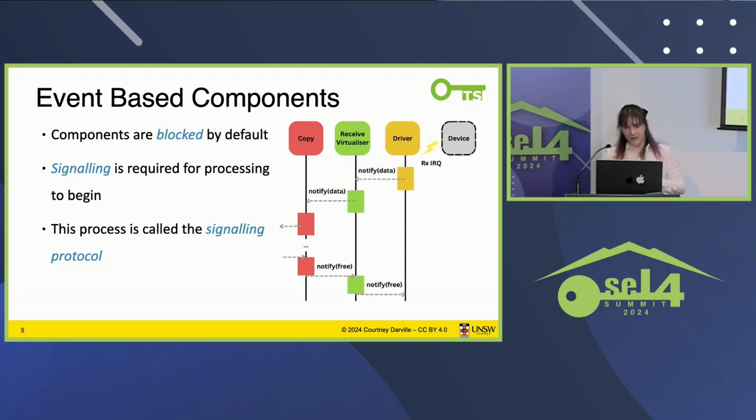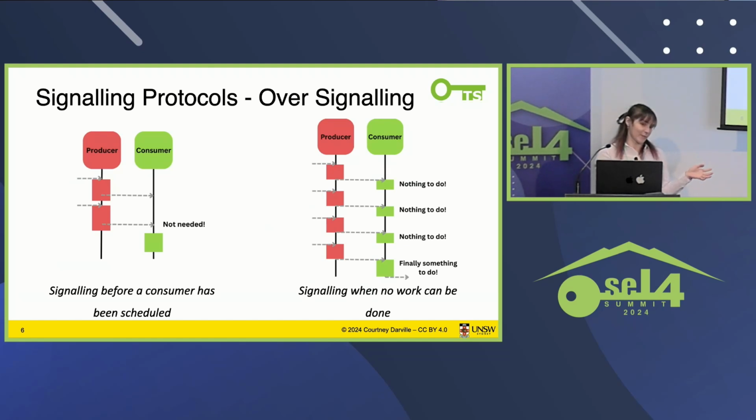During the development of a signaling protocol, it's typically a balance between eliminating any over-signaling, but also ensuring that you never have under-signaling. Over-signaling is basically any case where a producer signals a consumer, but there's actually no work that can be done.